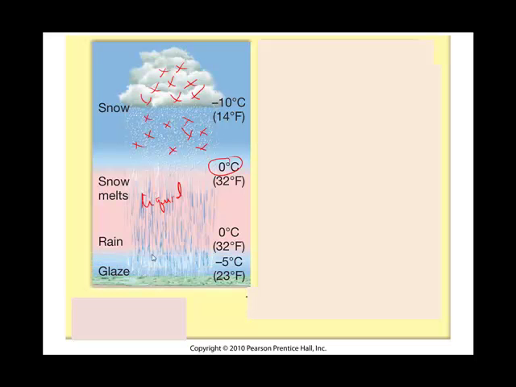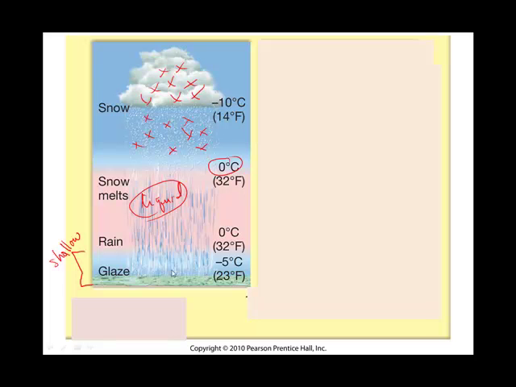Now the difference between this slide and the last slide, I don't know if you'll catch this, I bet you will, is that it was a liquid closer to the Earth's surface. Notice that this is a shallow temperature inversion. It's not as deep.